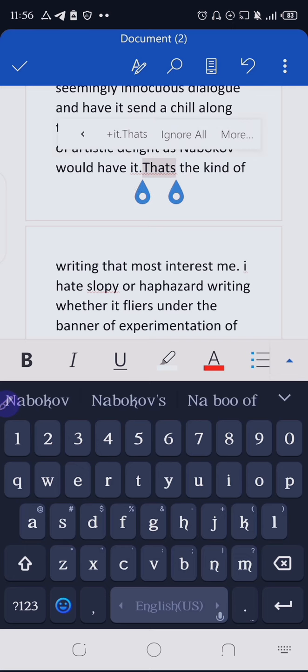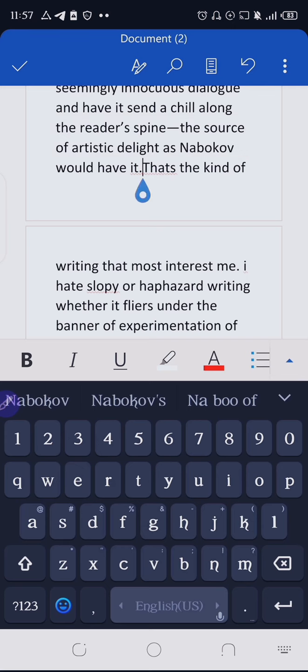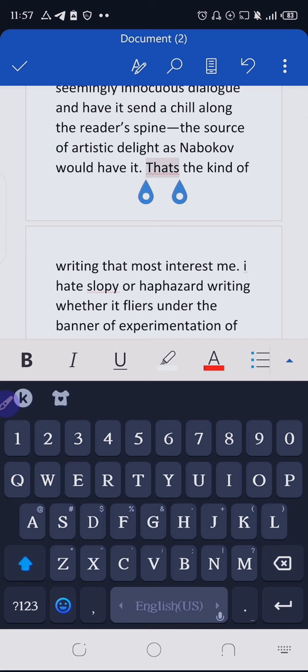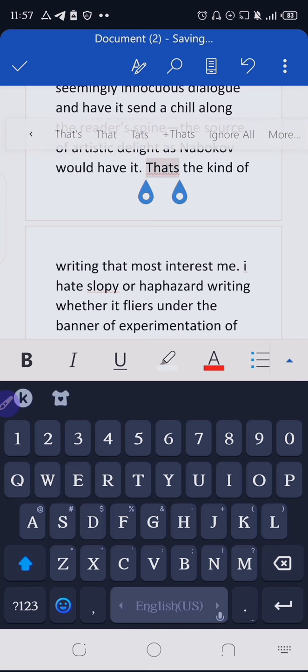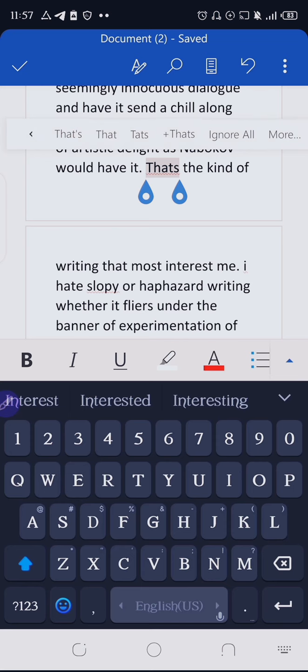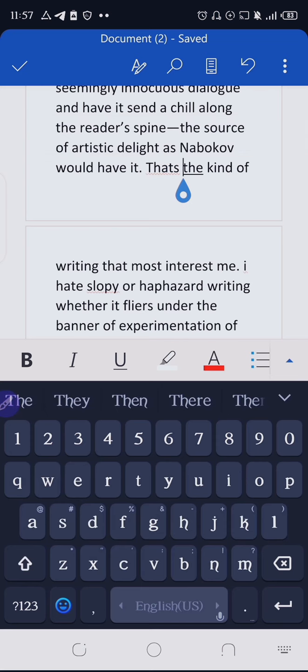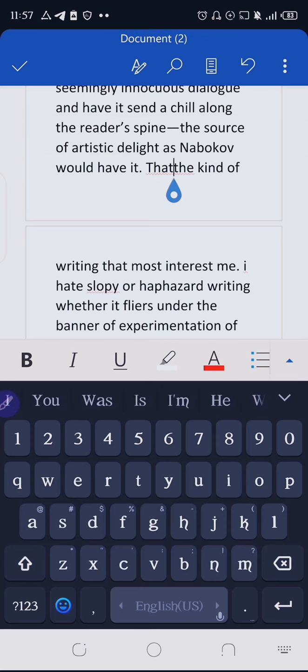So we've been learning that there must always be a space after every punctuation mark. So let's take out that constriction that we have over there, and let's bang the space bar and have a space. So we see that we're having that here, which is the contraction of the two words that is.